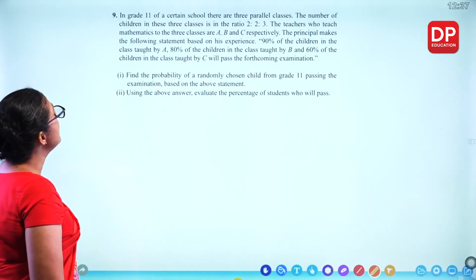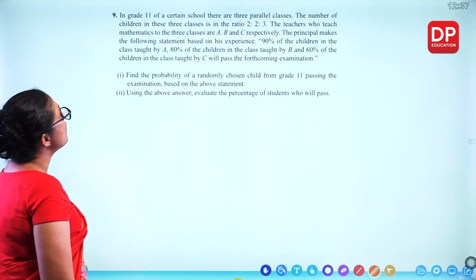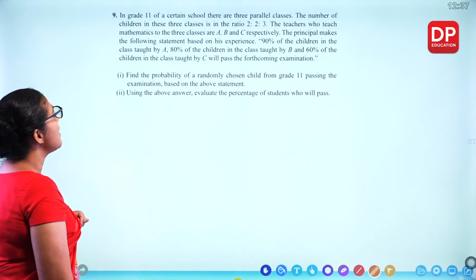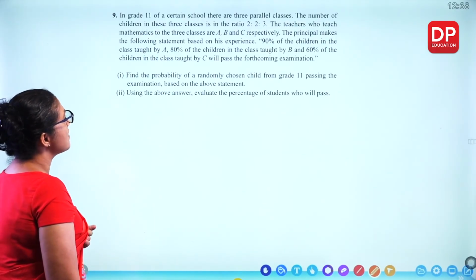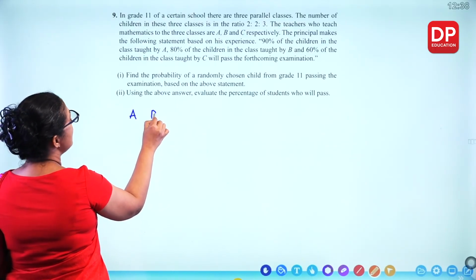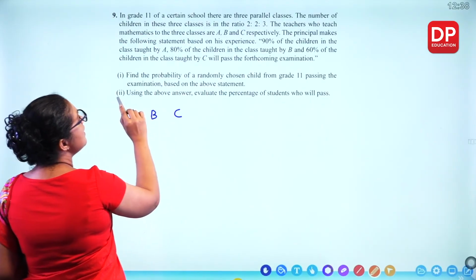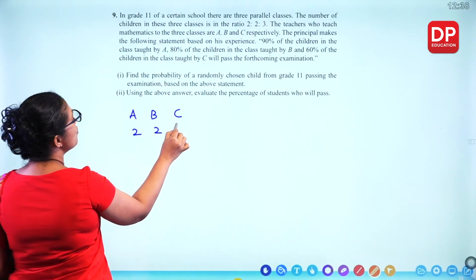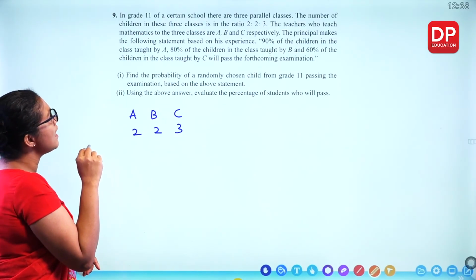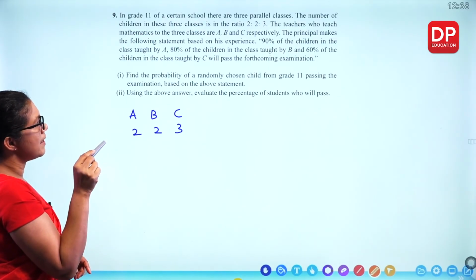Question number 9. In grade 11 of a certain school, there are 3 parallel classes. The number of children in these 3 classes is in the ratio, we'll say ABC, in the ratio 2 to 2 to 3. The teachers who teach mathematics to the 3 classes are ABC respectively.